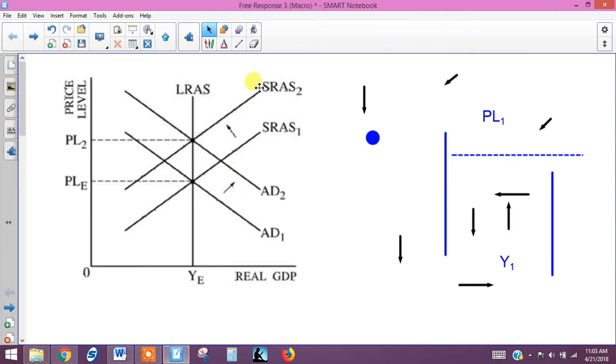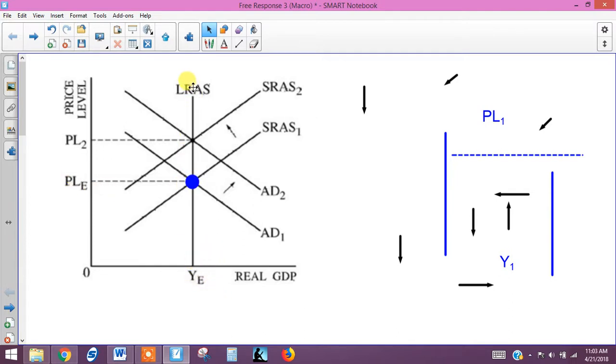Well, you should know, but we're going to show you anyway. It's going to look like this, except when you first draw it, you only need your first aggregate demand curve and your first short run aggregate supply curve right here and here, and show your equilibrium right here at PL E and Y E for output.